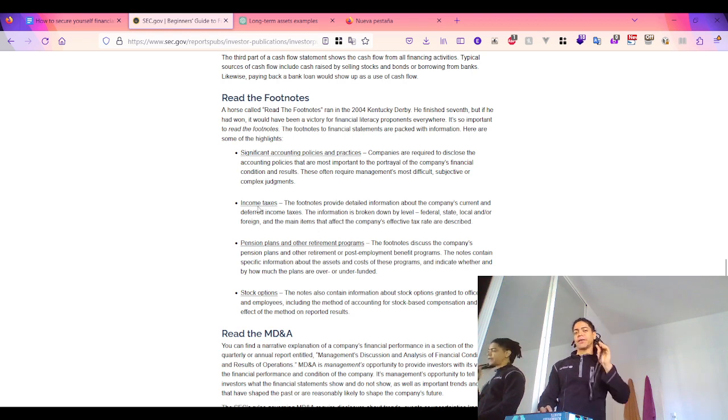So, the income taxes. The footnote provides detailed information about the company's current and deferred income taxes. Deferred income taxes are a liability, because this is an obligation to pay those deferred income taxes.